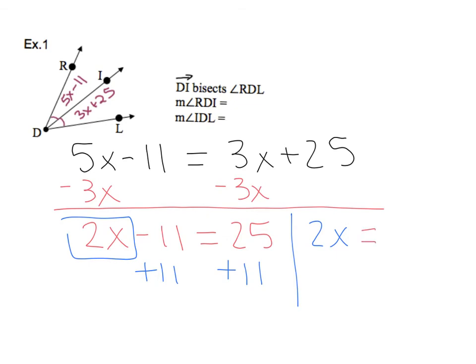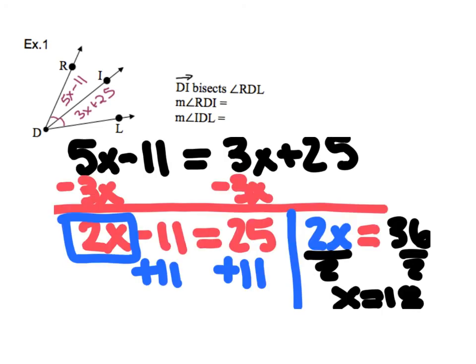So I'm just trying to go with the flow, because sometimes that's what you have to do when you're thrown a curveball. Sorry. 25 plus 11 gives us 36. Last step is going to be to divide by 2. And we get that x is equal to 18.